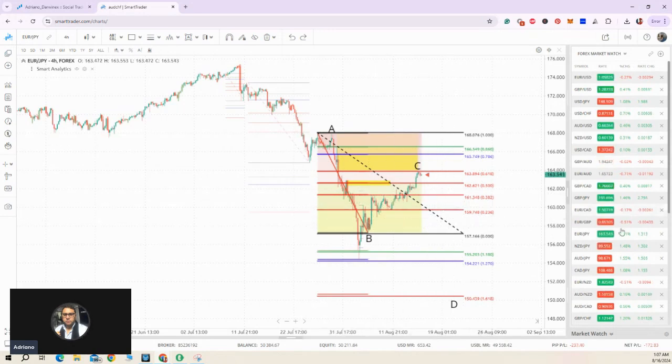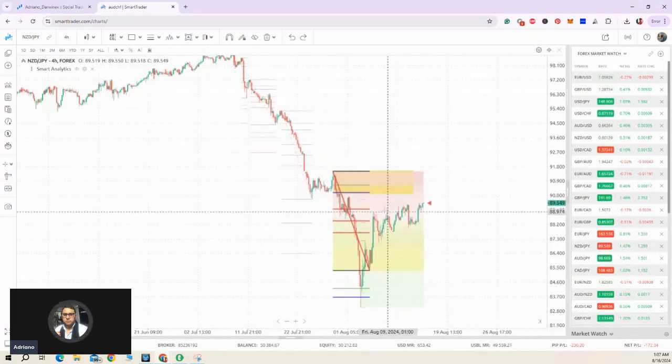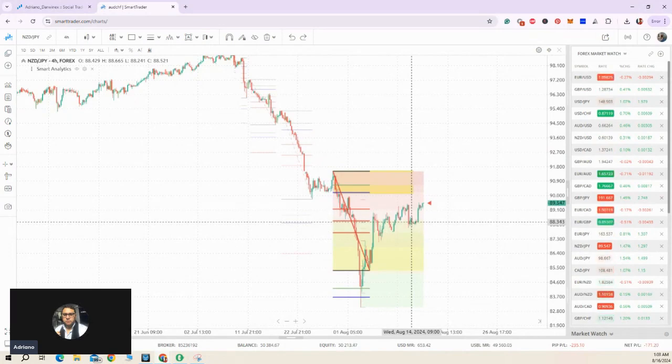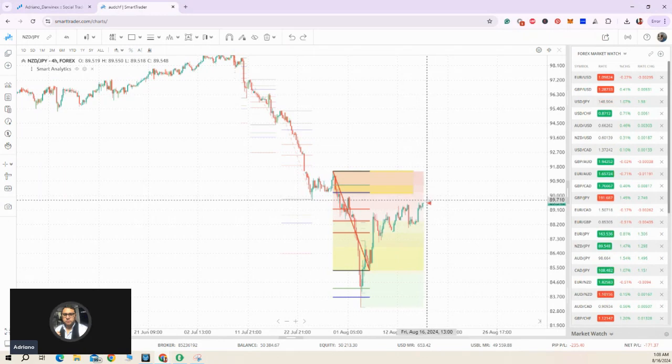So AB is that. Let's take a look at NZD JPY. Same thing. You're going to get more on Japanese yen trades because we already have orders on USD JPY, Euro JPY. So if we take another trade, we're just going to increase the risk.